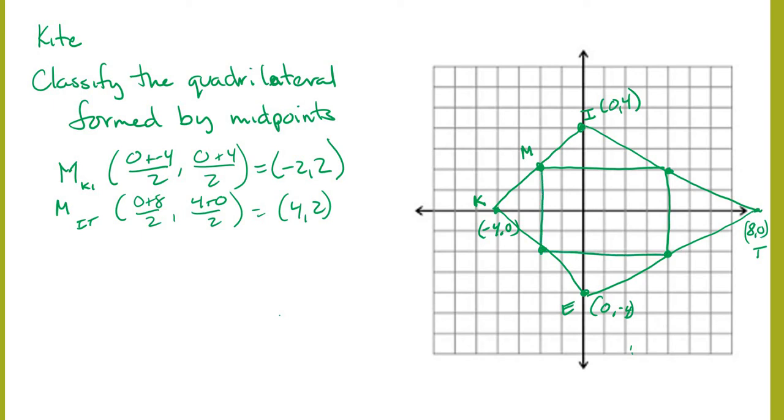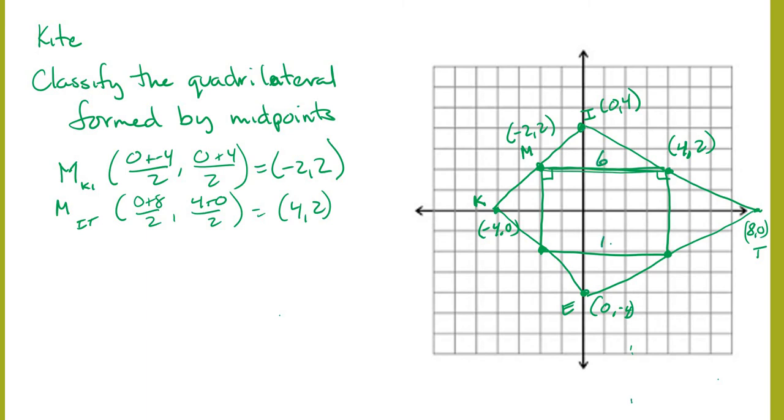Now, we got pretty lucky on this one because these are all horizontal and vertical lines. So I know that these are 90-degree angles. And all I need to do is check distances. It's pretty clear here. If I label this -2, 2, and label this 4, 2, the distance along the x-axis, since there's no rise here, it's just run, is 4 minus a -2, which is 6.